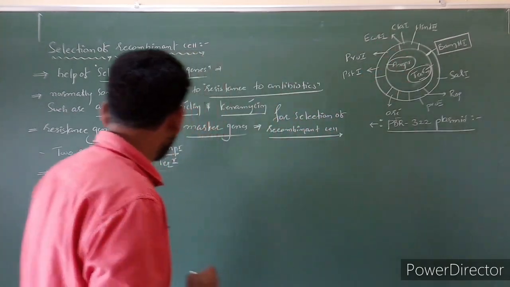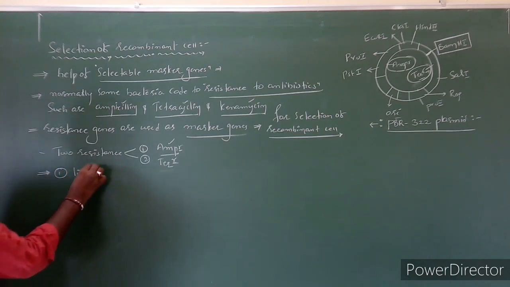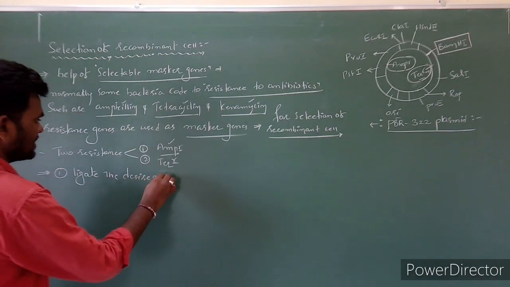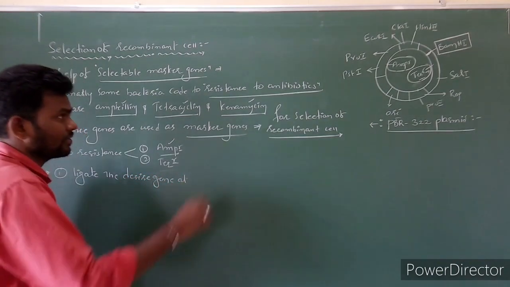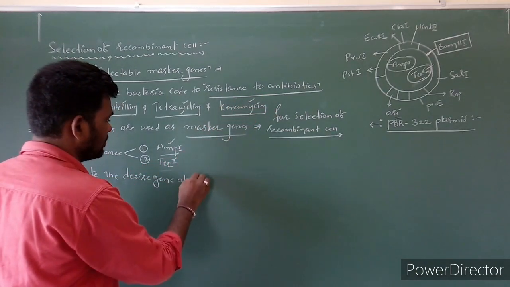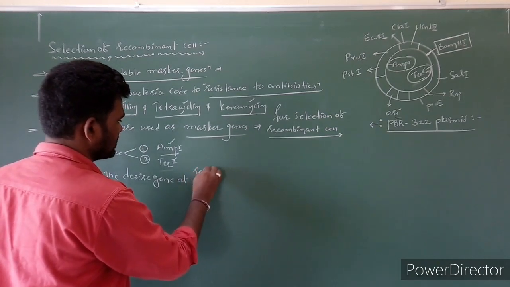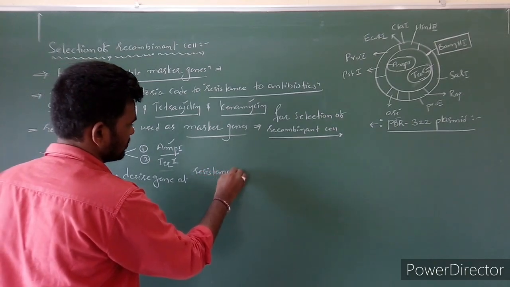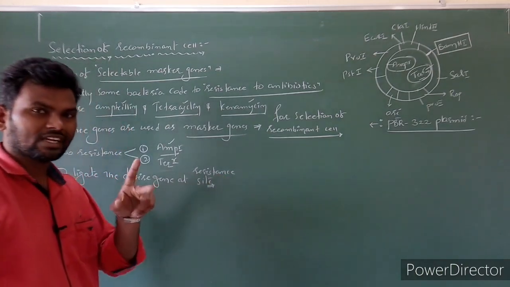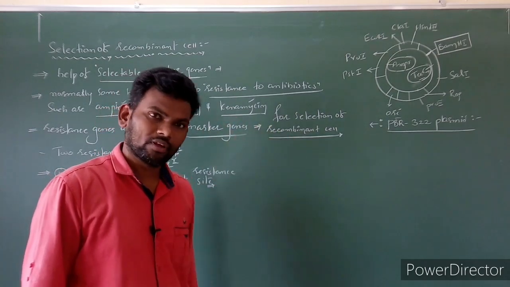Let's write the points. First, we have to ligate the desired gene at any one of the marker genes at a recognition site, a resistance site. We have two sites; out of the two, we use any one for ligation of DNA.